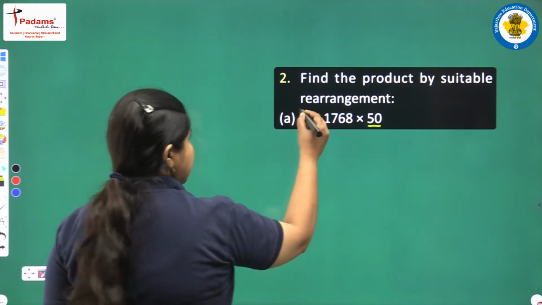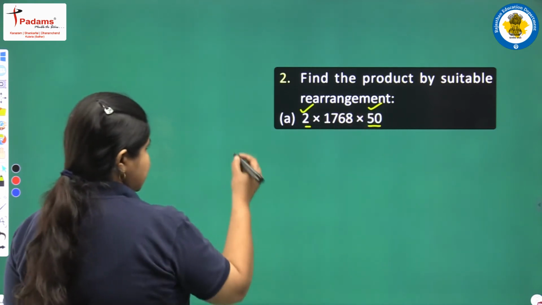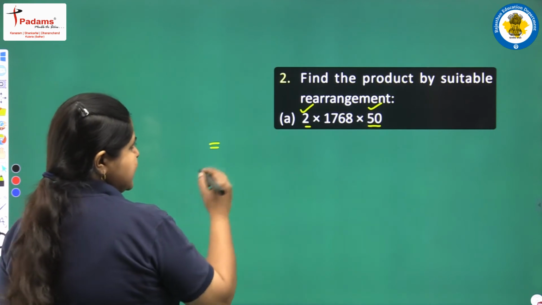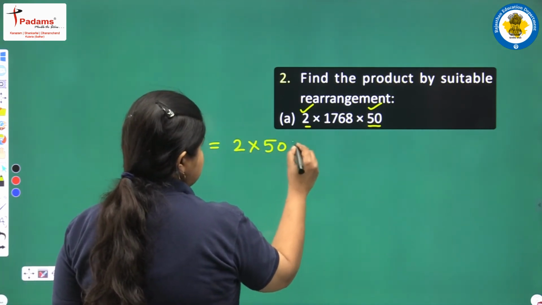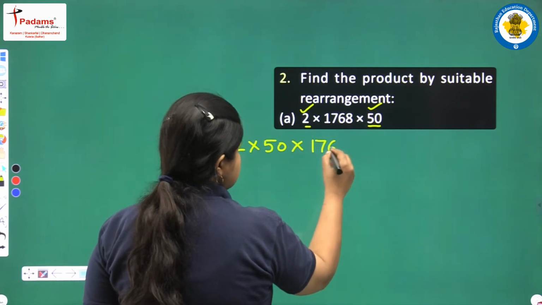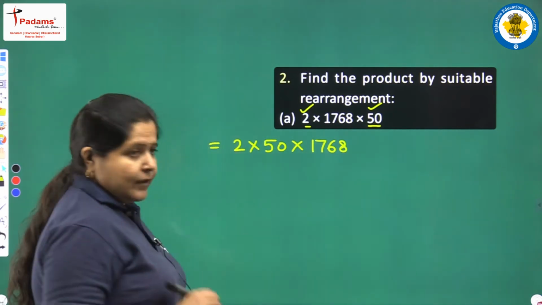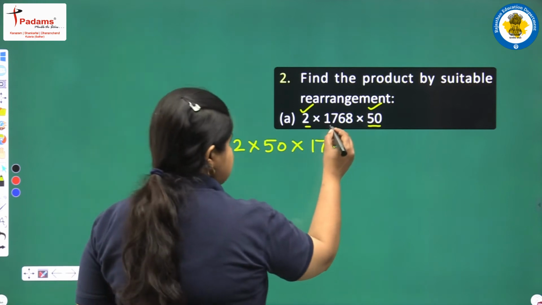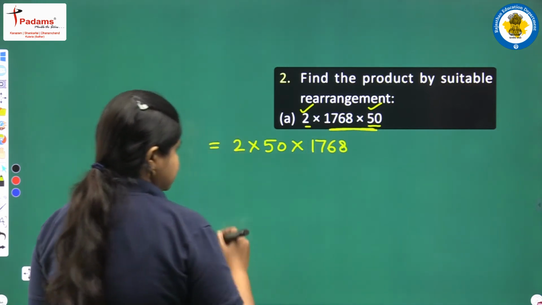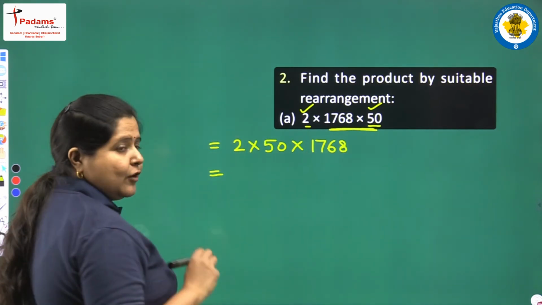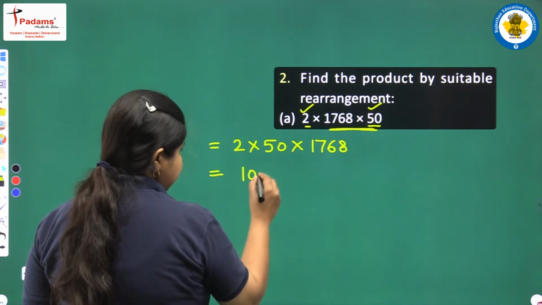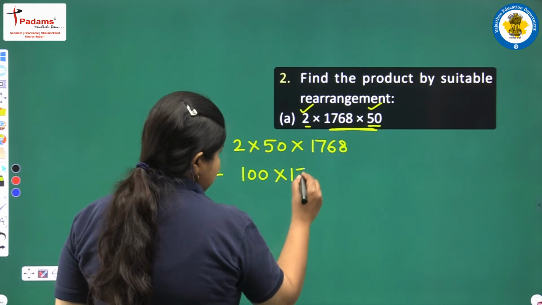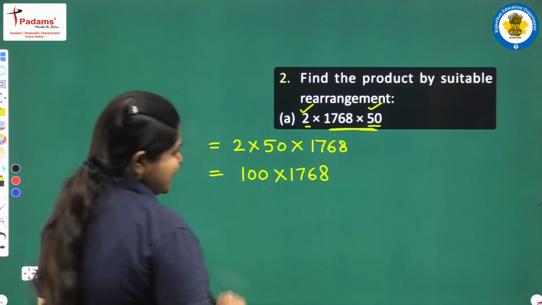So we pair up these two numbers together first. We will write in this way: 2 into 50 into 1768. Here we have again interchanged these two numbers by applying the property of commutativity. Now 2 into 50 is 100 and into 1768.